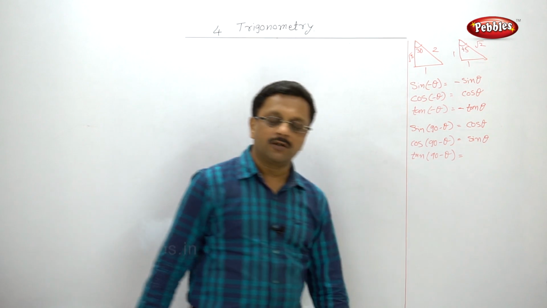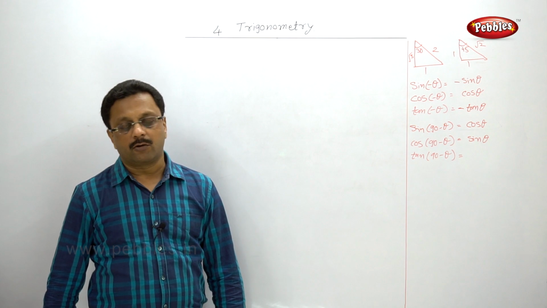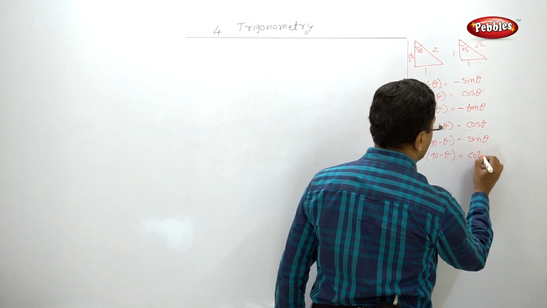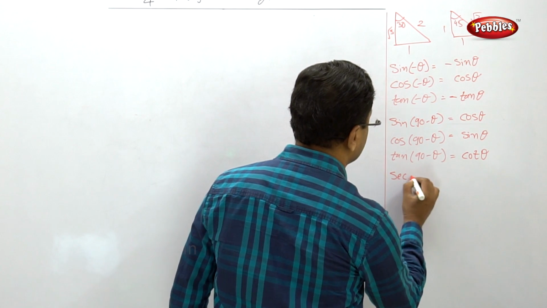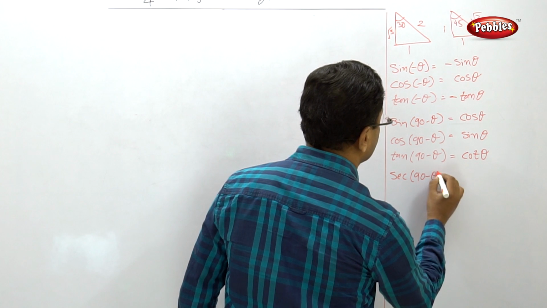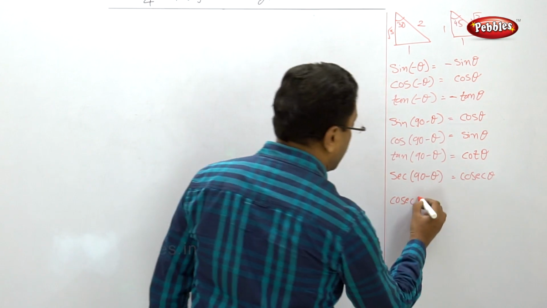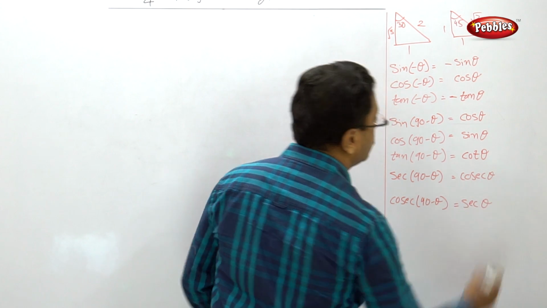And like we have sine cos, then what we say? Sine cos, tan cot, sec cosec. So whenever tan 90 minus theta, cot theta. Sec 90 minus theta, cosec theta, and cosec 90 minus theta, sec theta.